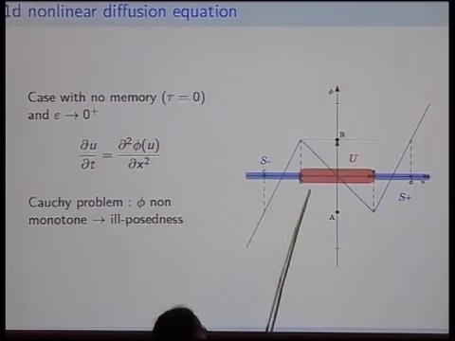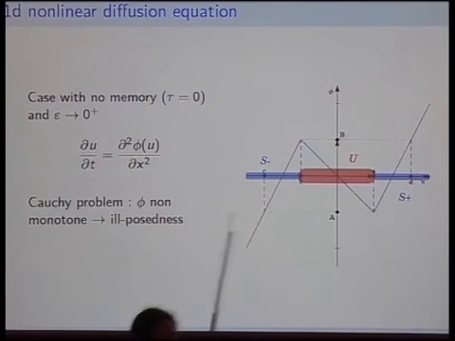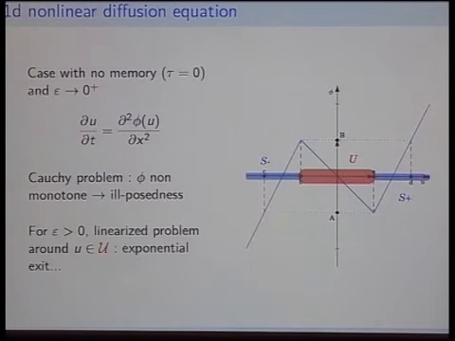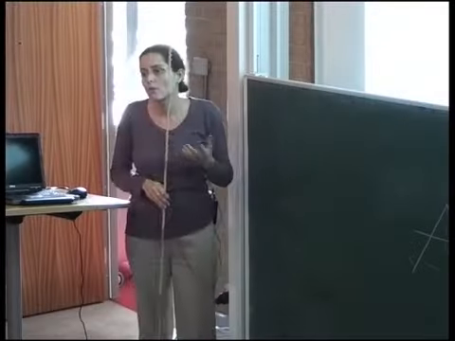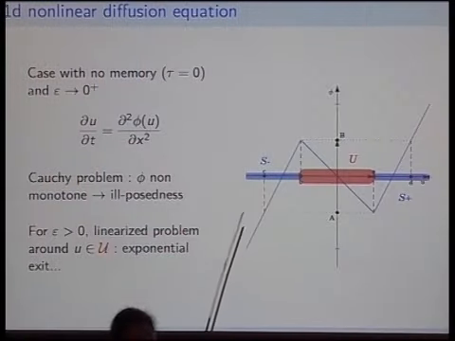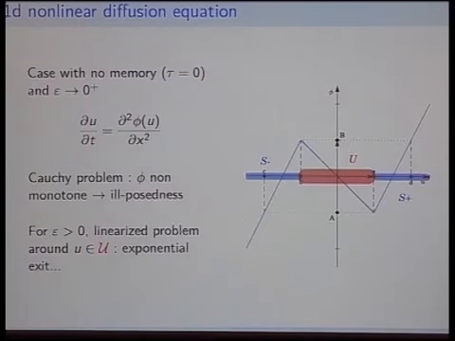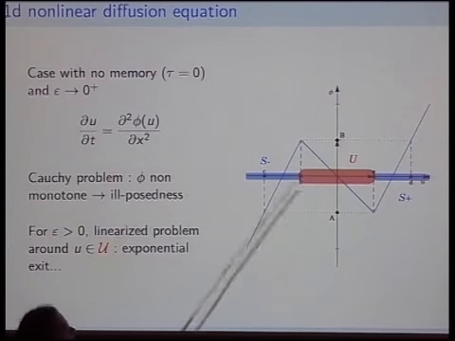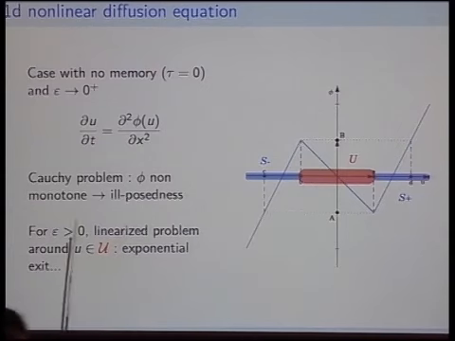And here is the unstable phase, where the solution cannot be. So, for epsilon going to 0, if you linearize the problem around a state which is in U, what you really see is that the solution escapes exponentially fast in time to one of the two stable phases.